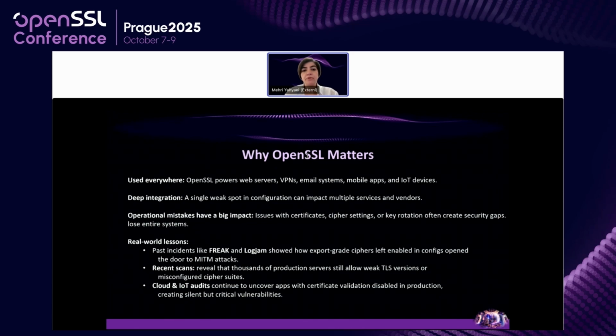Even today, many production servers still allow weak TLS versions. I'm pretty sure that you're seeing this every day, maybe based on evaluation experiences or compliance procedures. So it's crucial to address these misconfigurations before they become incidents.